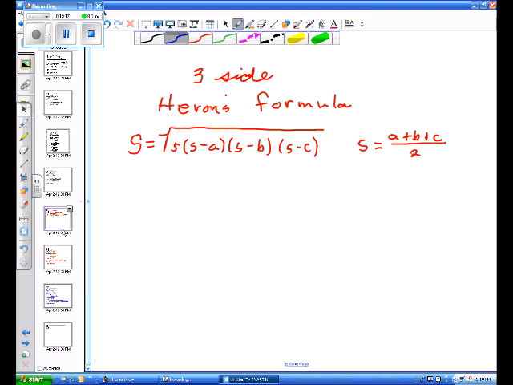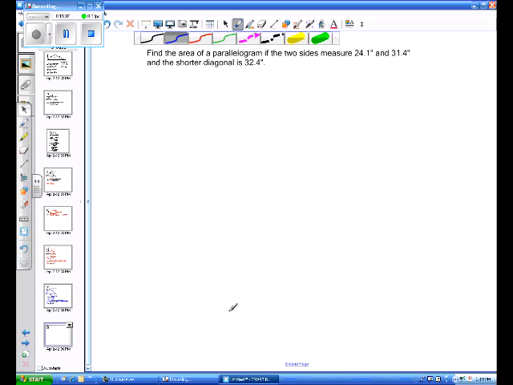If we're given three sides, then we would use Heron's formula. First of all, find the semi-perimeter, and then it's the square root of the semi-perimeter times the difference of the semi-perimeter and each side. And so that gets us three different ways of finding the area of a triangle that's fairly easy.